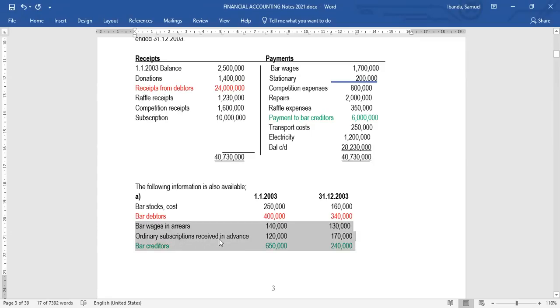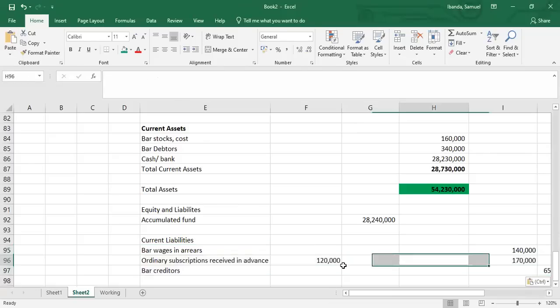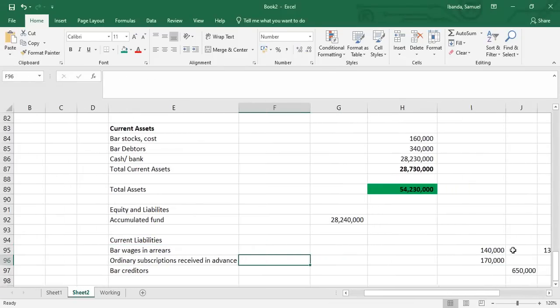I have ordinary subscription received in advance. I have back creditors, and I'm only going to take these last figures, the 130, 170, and 240. Okay, and this is what I'm just going to basically do. Pray this PC does not log me out. So this is what I'm going to take.